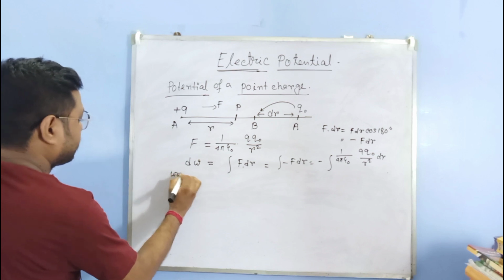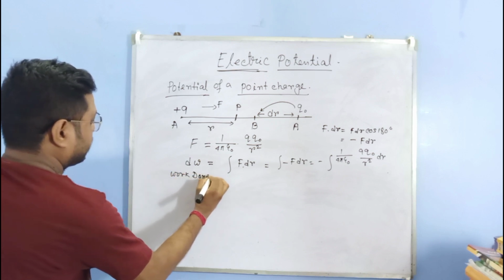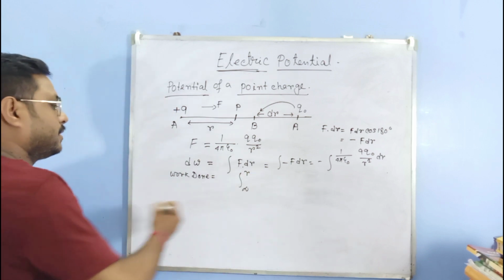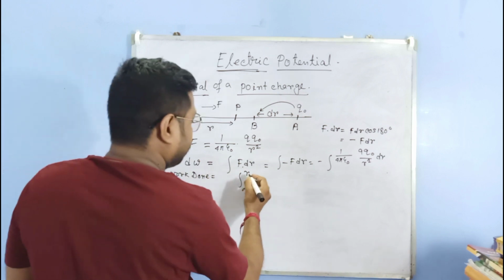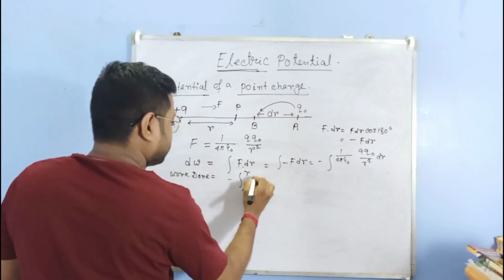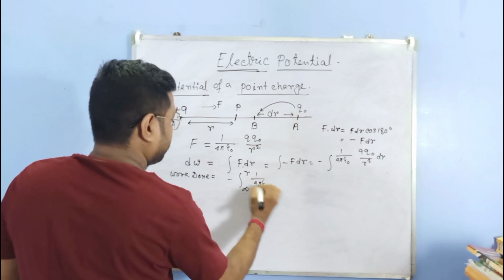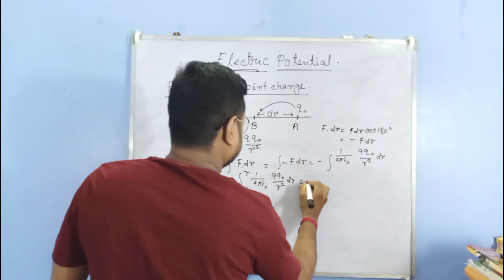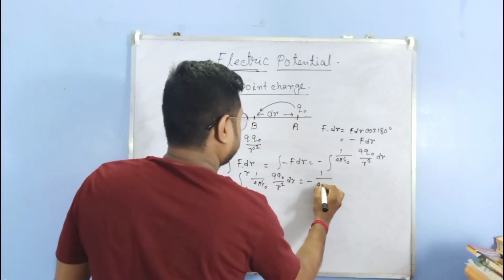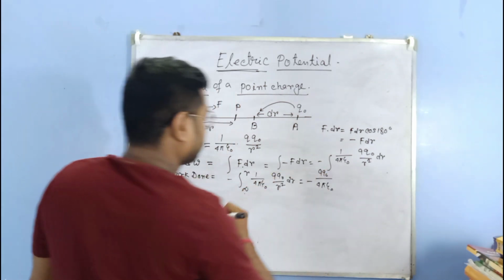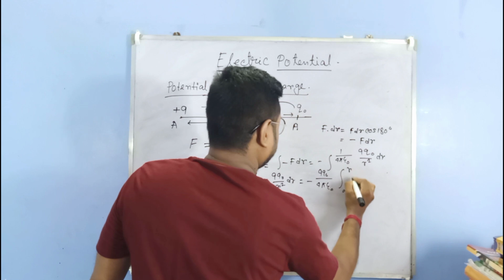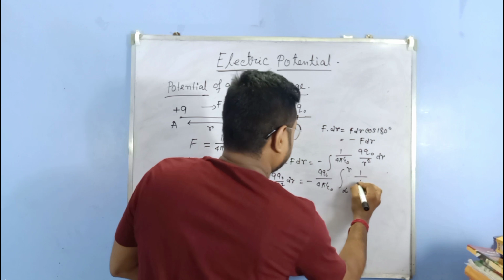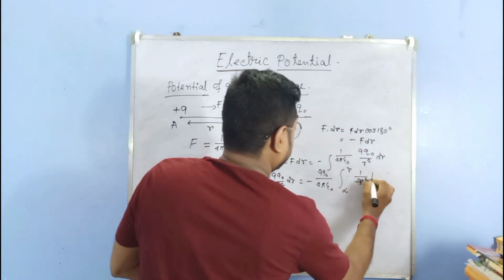So work done is equal to, we take the limit infinity to r, upper limit r, lower limit infinity, minus 1 by 4 pi epsilon naught q0 divided by r square dr. We can take minus 1 by 4 pi epsilon naught and q0 outside, as this is a constant term, and the integration from infinity to r of 1 upon r square dr.